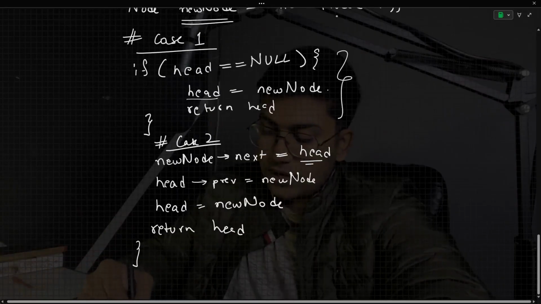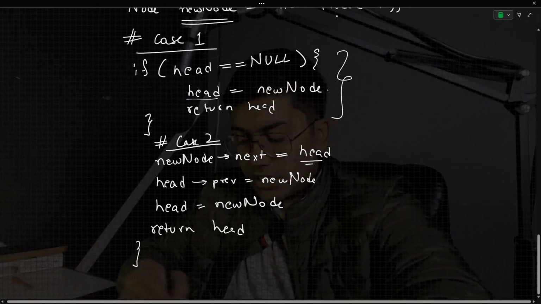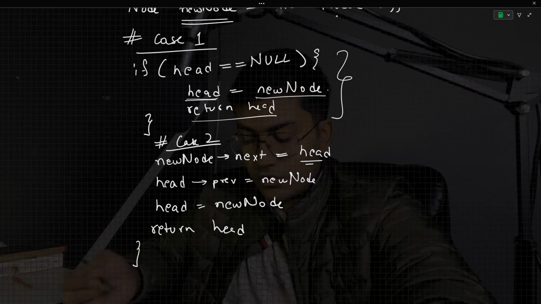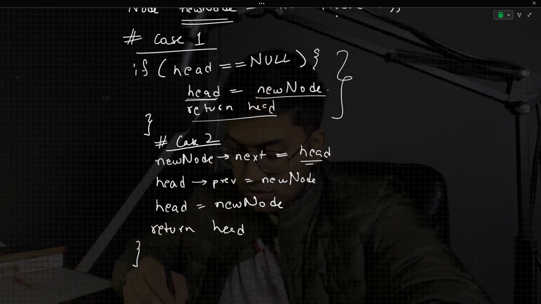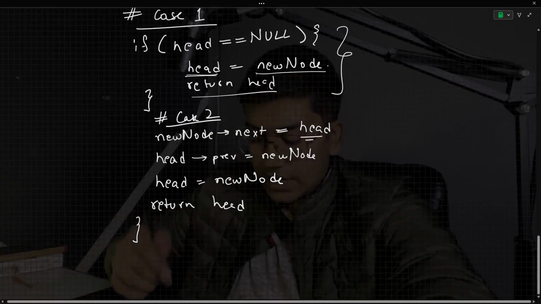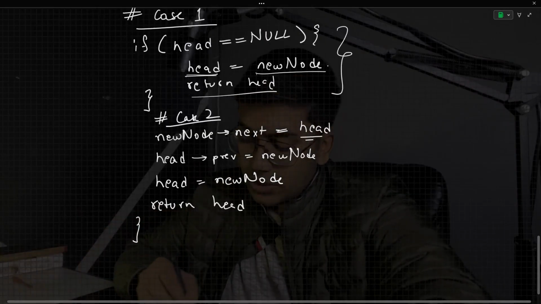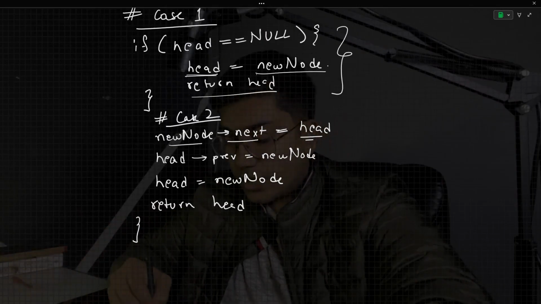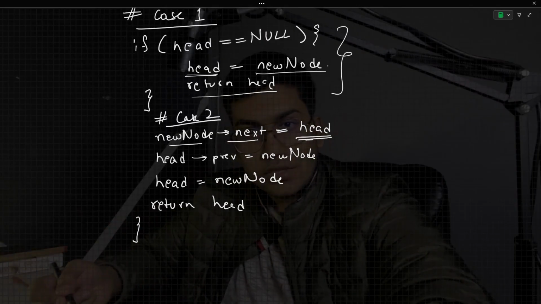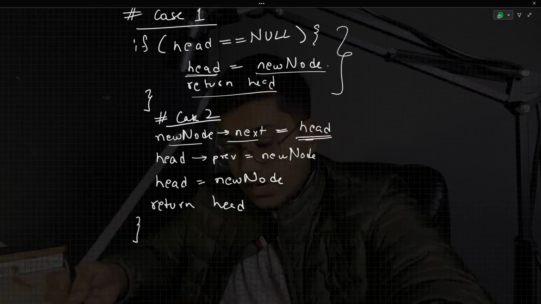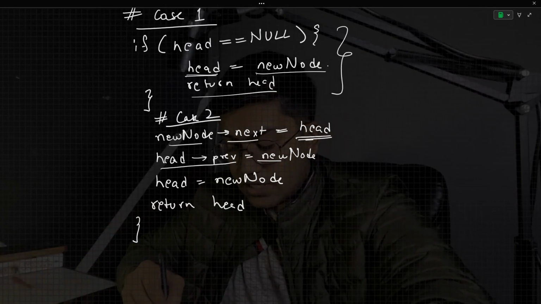So case 1: when you have a null list, an empty list, you take this head and assign it to the new node, and then you just return the head. Case 2 is where you have a valid list and you have to insert an element before the head. So you take this new node and make its next pointer point to the head of the original list, and then you take the original list's head and mark its previous as this new node.